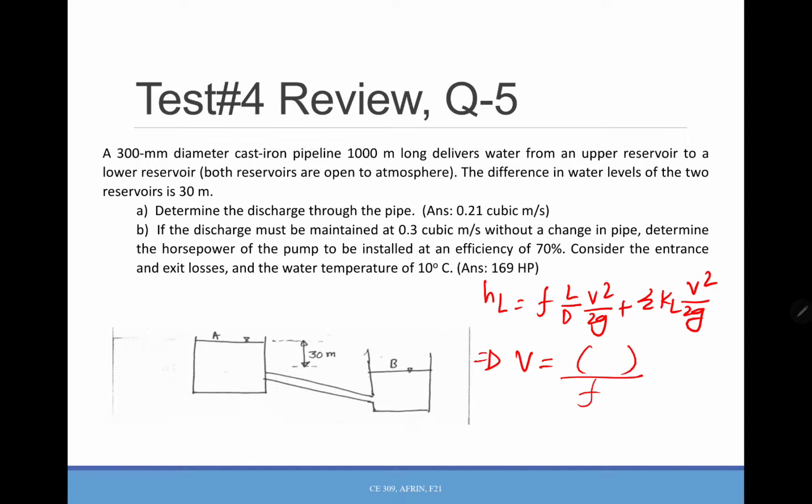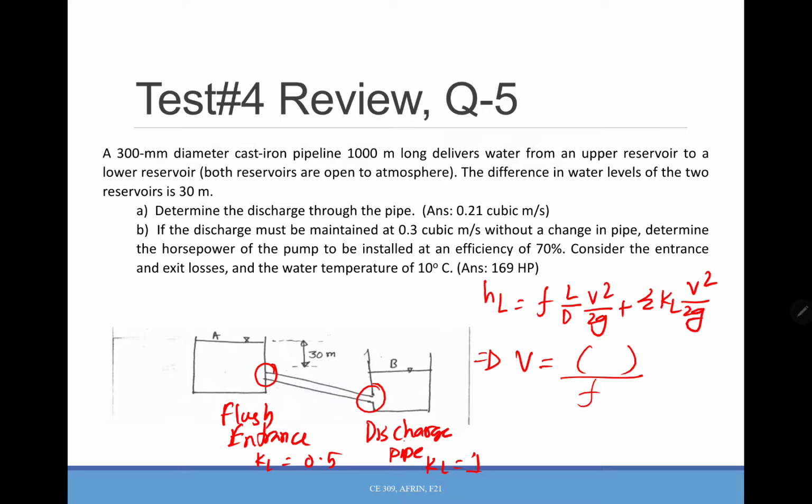Okay, and for minor losses, basically you have this one, which is the flush entrance, and this one is the discharge pipe. Okay, so KL is 0.5, KL is 1, so that's what you get for summation of KL.